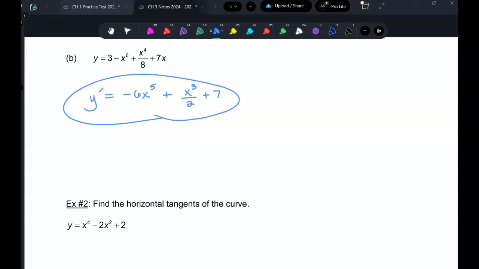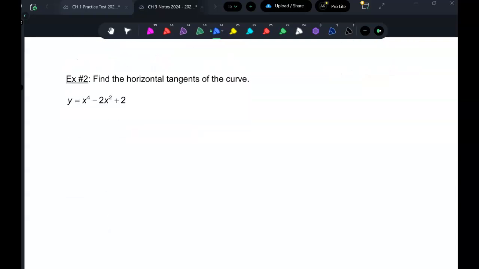When you get down to something like this, think y equals 7x would have a slope of 7. Or you can use the power rule, because if you had 7x to the first power, it would become 7x to the 0, but that was 7 times 1, which is 7. So you can either think of it as the slope of that portion or use the power rule.